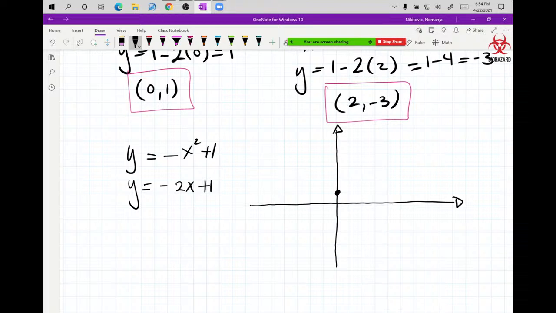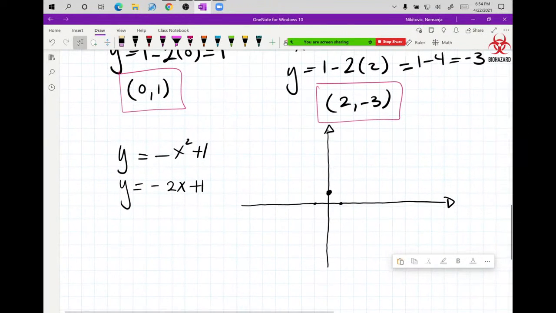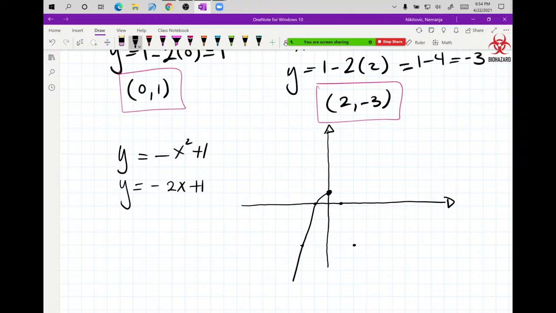When x is equal to 1, we have 0, so those will be here and here. When x is equal to 2, that's a negative 4, so it's a negative 3. So negative 3, and has to be symmetric with the positive 3. There we go. So I computed a couple of points so that I can draw a somewhat decent parabola. And then we go positive 1, 2 units down, 1 unit over.